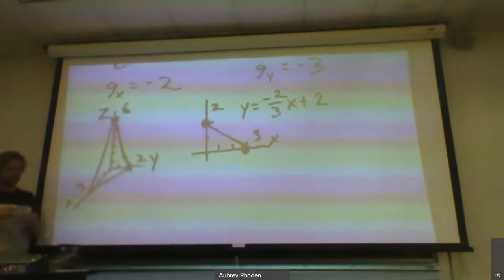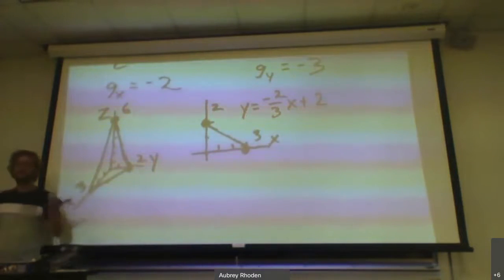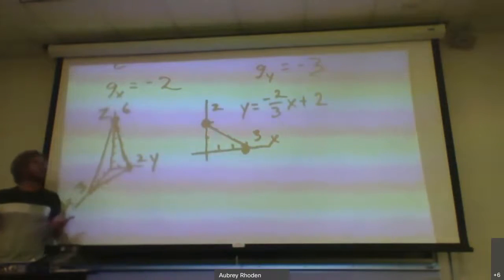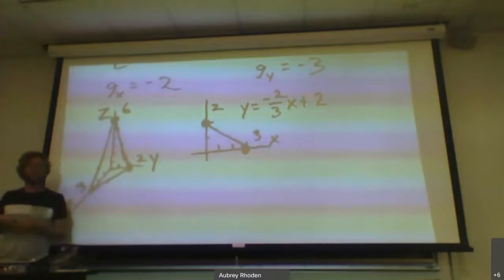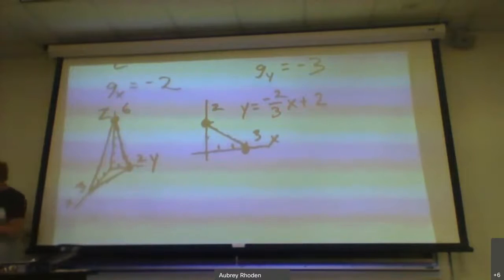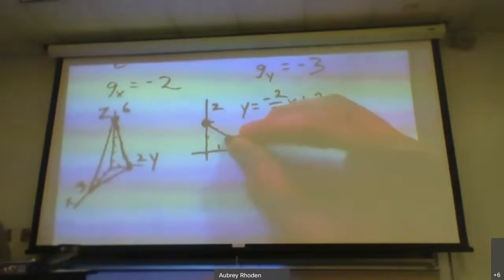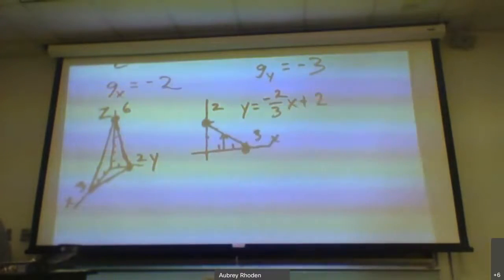Okay. So remember, you have to pick which direction that you're going to integrate. And it's easier to define it as y equals negative 2/3 x plus 2. And so I'm going to integrate in the y direction first. Okay. So I'm going to go in this direction first.